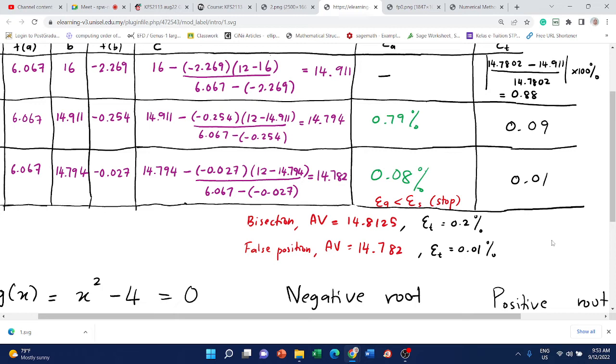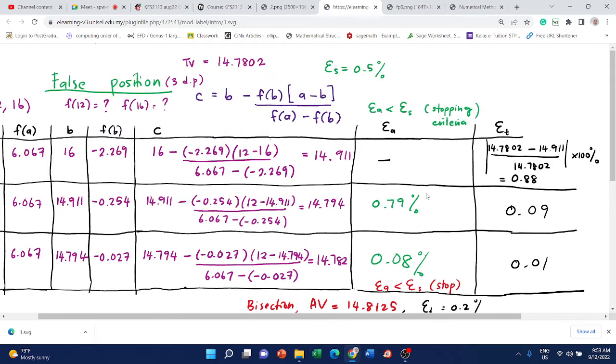Yes, madam. Okay, so these types of numerical error, you need to be familiar with. Maybe in the future you are going to use these errors in your final year project. So make sure you use the correct term. Do not just mention the percentage.